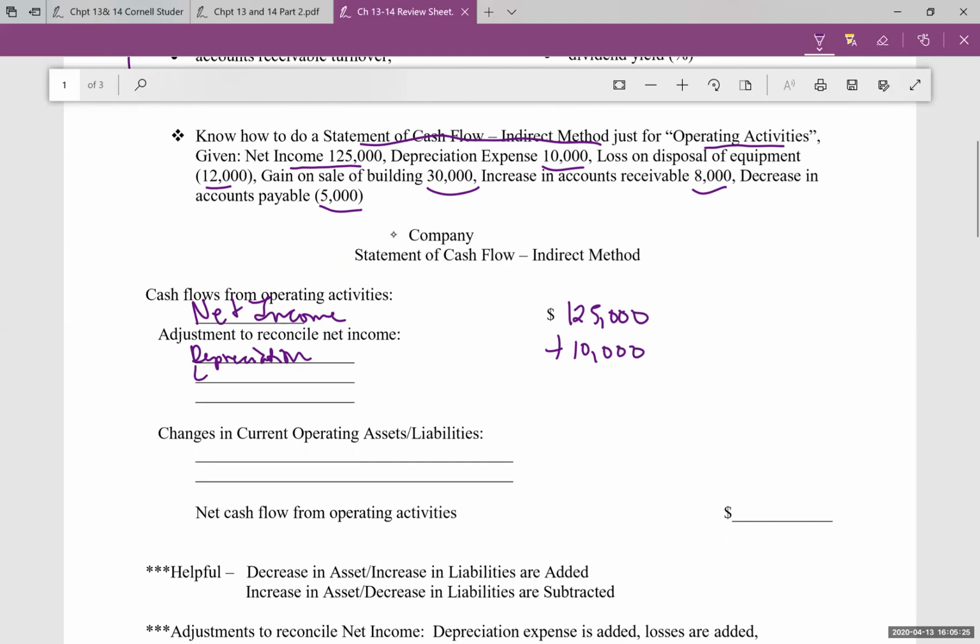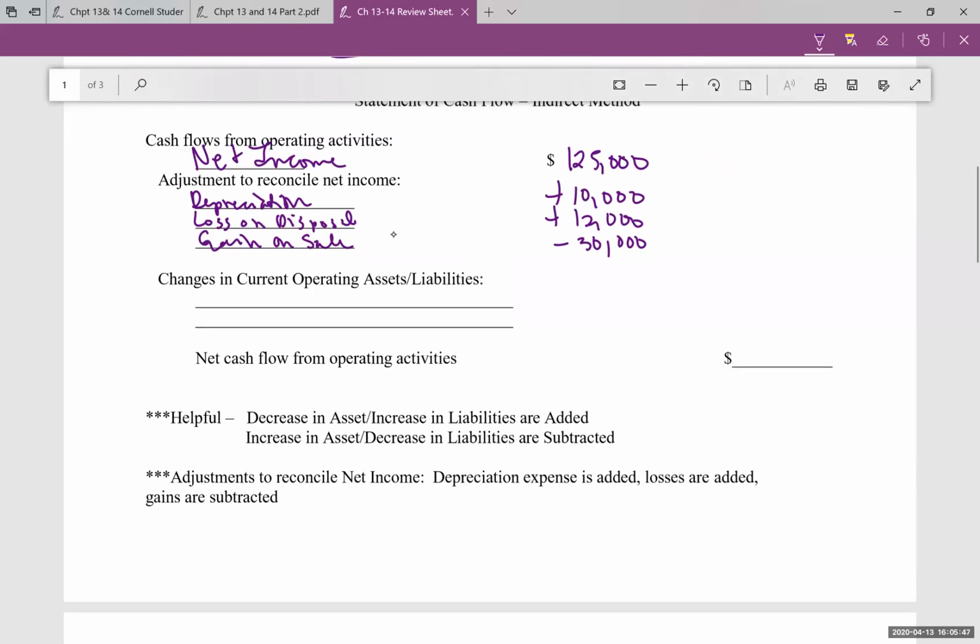Then the loss on disposal is adding back $12,000. And then the gain on the sale is a subtraction of $30,000. Those weren't real cash transactions, so that's why we're either adding them back or subtracting them, basically doing the opposite.